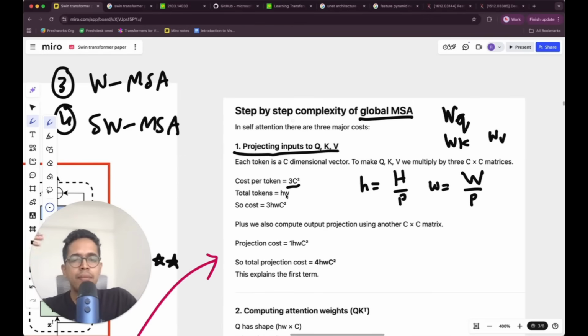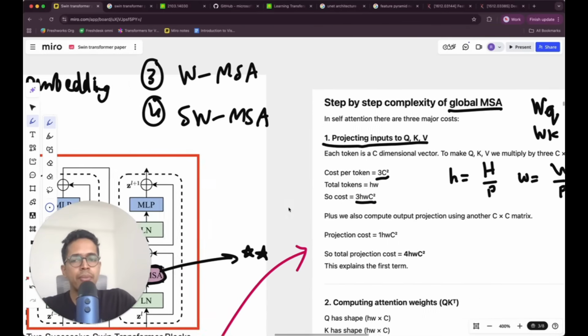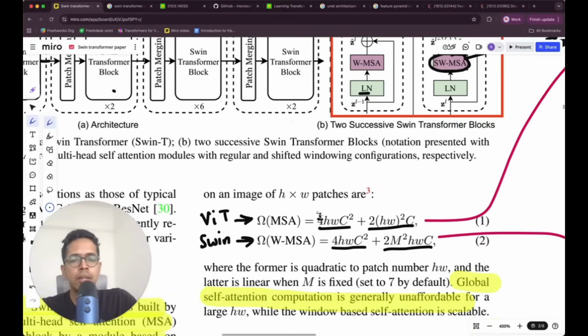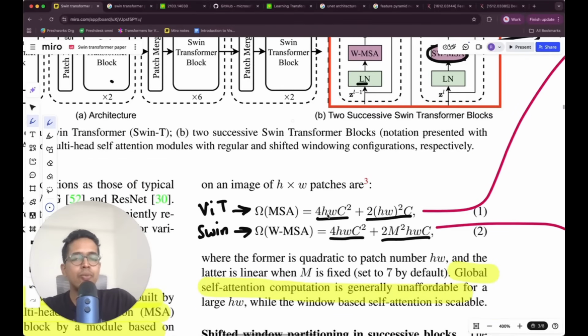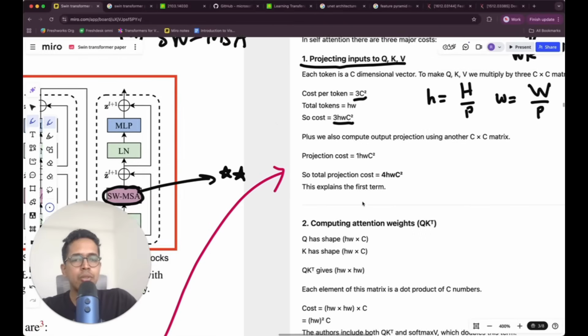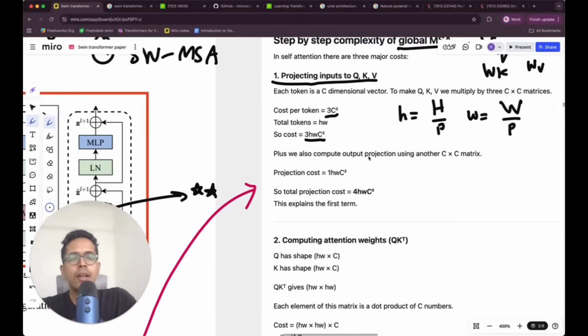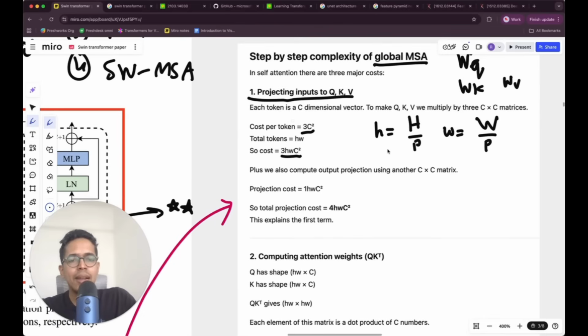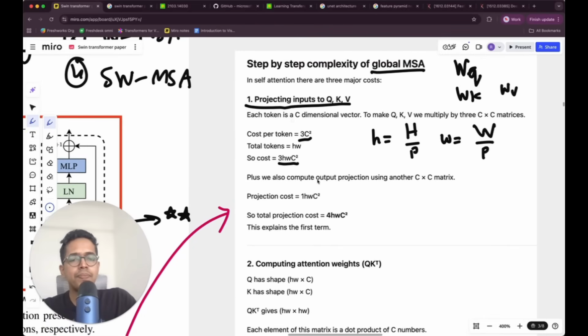And for every single token, I have to calculate this query key value. So the total cost is 3hw C square. That is what is shown in the first term, which is 4hw C square, but I'll show you where the last C square is coming from. Apart from this, in multi-head attention, there is a projection layer, which mixes the outputs coming from different attention heads.